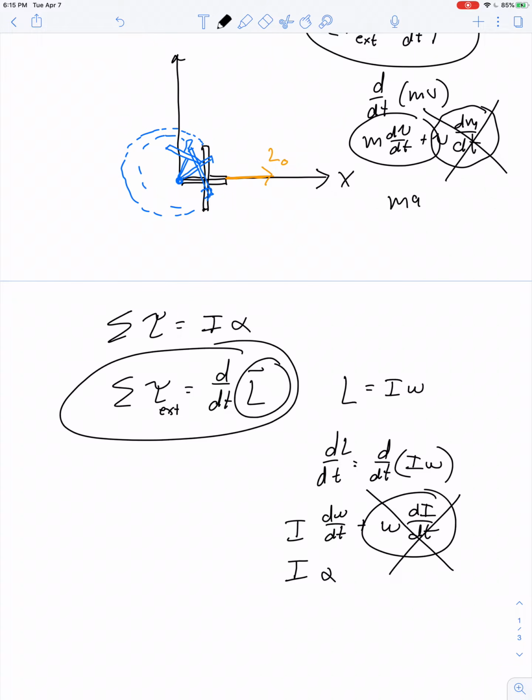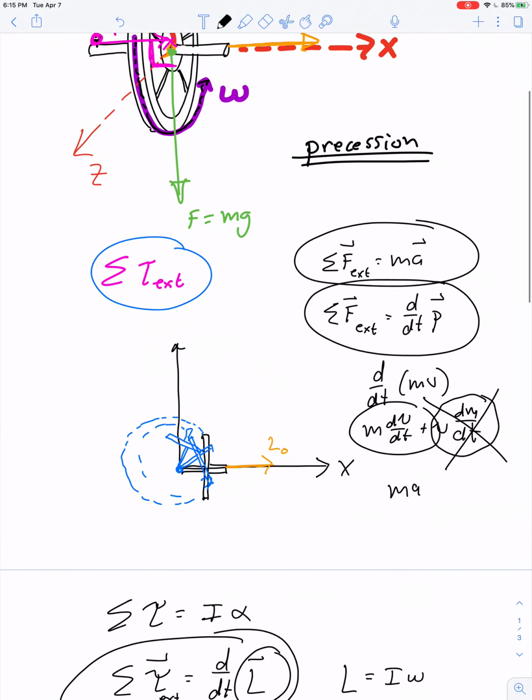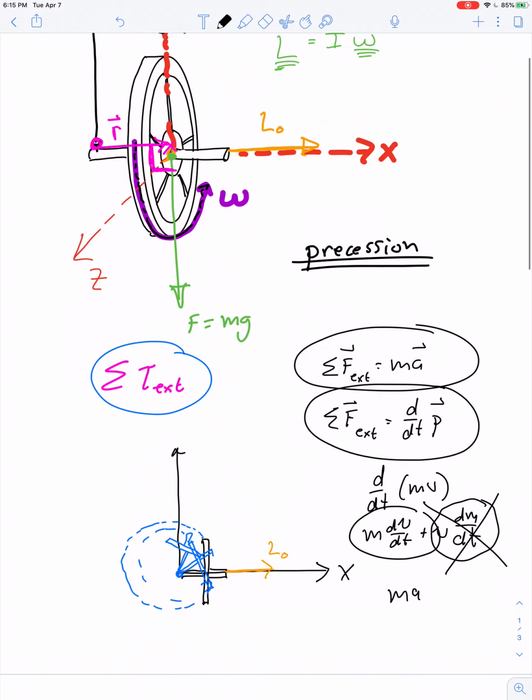And by the way, the direction of the torque vector is in the same direction as the change in angular momentum vector. So what is the direction of our net external torque? Well, external torque is also the cross product of lever arm with force.